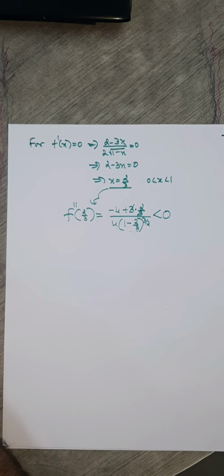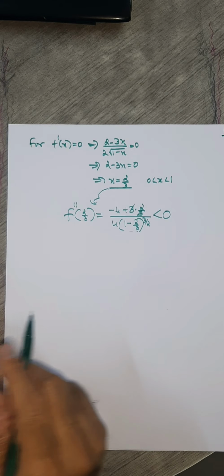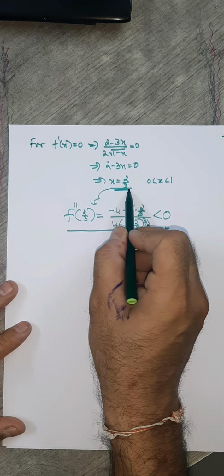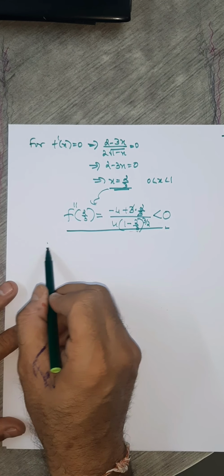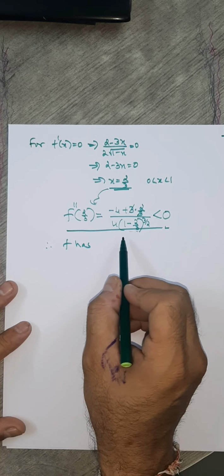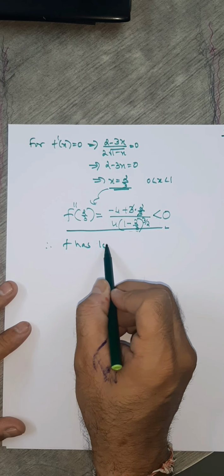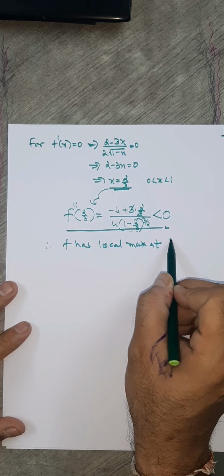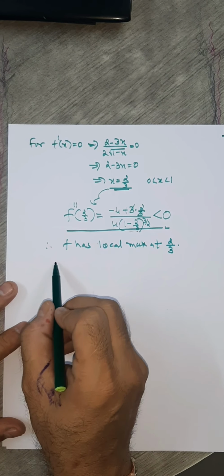That means f double dash is negative. Right? So the second derivative is negative, and the first order derivative is 0 at 2 by 3. So therefore f has a negative second derivative, which means local maximum. Therefore f has a local maximum at 2 by 3.